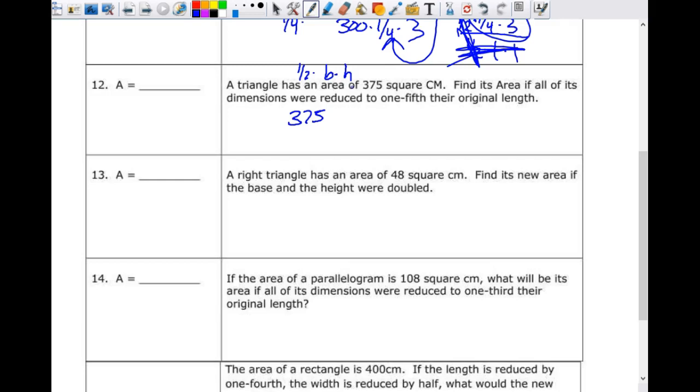But you can change the base and you can change the height. So how many dimensions are there? 2. So how many 1/5 do we have to multiply? 2. So that's going to be the formula. We're going to have 1/5 times 1/5 is 1/25.